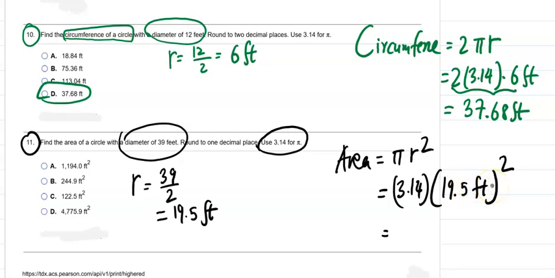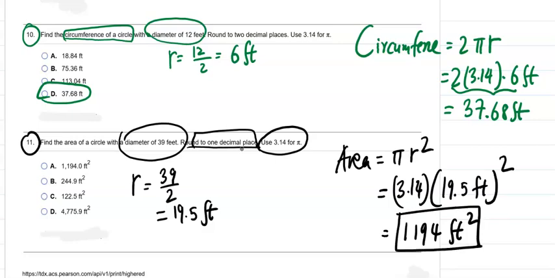You multiply 19.5 twice with 3.14, and you round it to 1 decimal place. Again, the instructions here say round to 1 decimal place, and this gives you 1194 feet squared, or in other words, square feet, and that's the answer A.